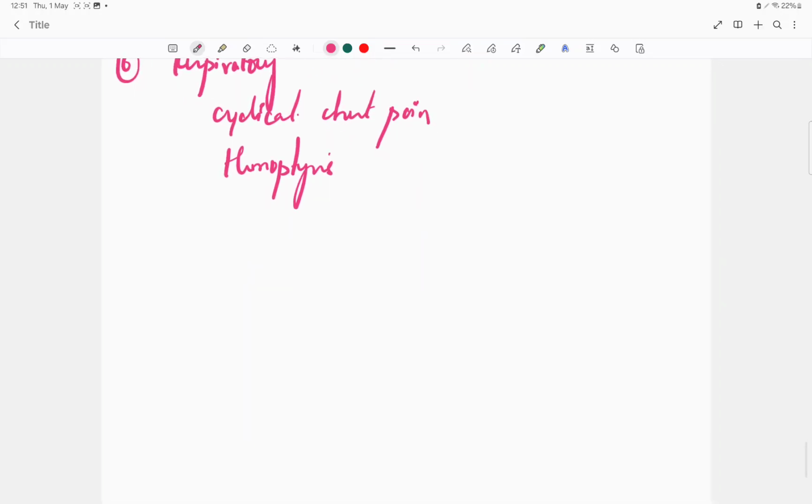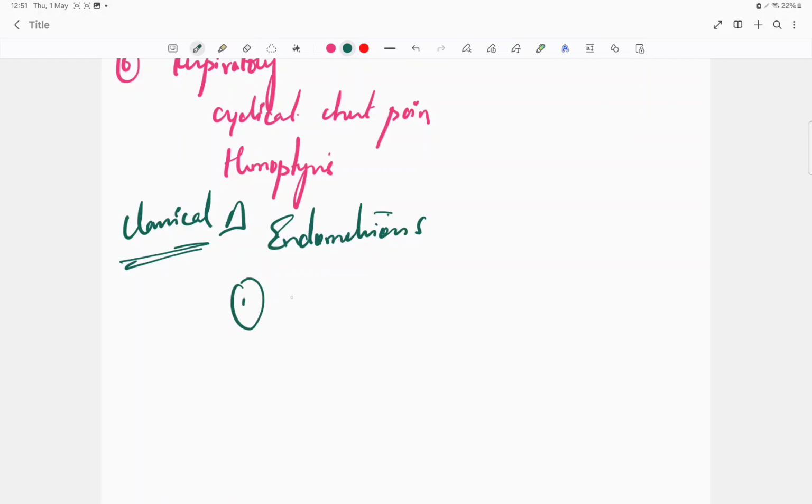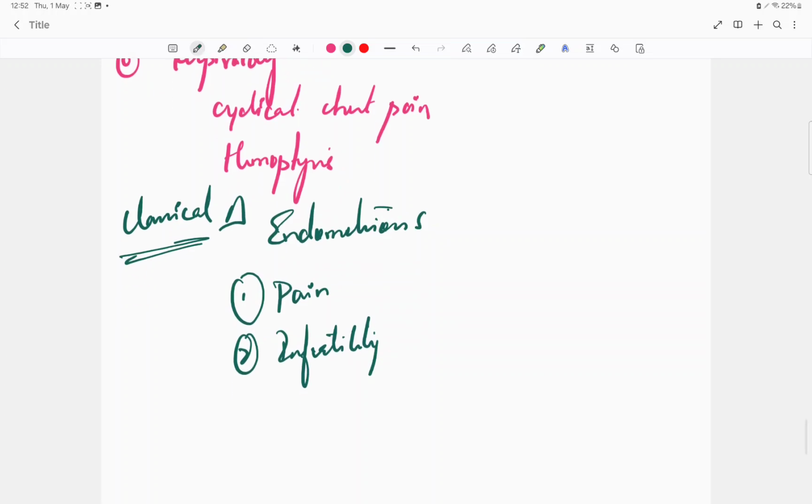But the MCQ they have asked is: what is the classical triad of endometriosis? This is important, guys. Okay, classical triad. As I told you, one is pain. Second is infertility. This is what I told you, right? I think by this time people must be perfect in these two symptoms, pain and infertility. So the triad includes three things, but here only two things.